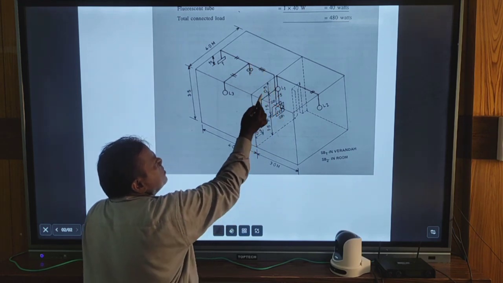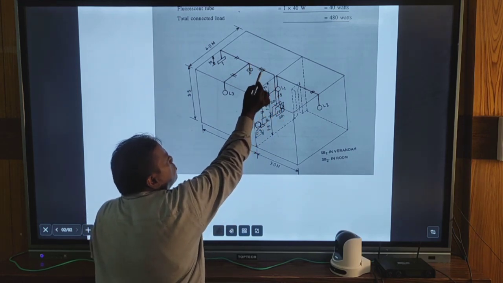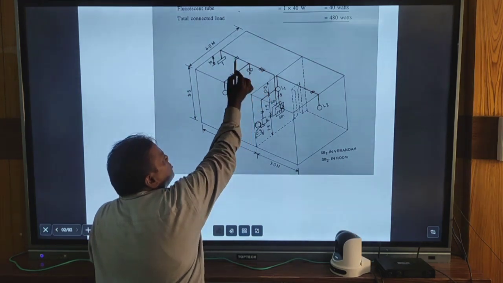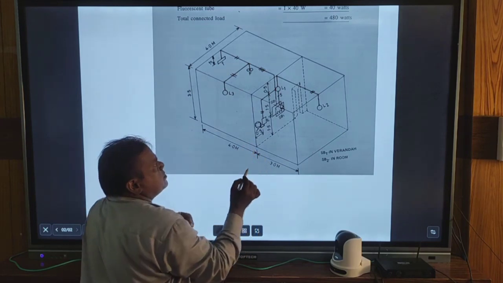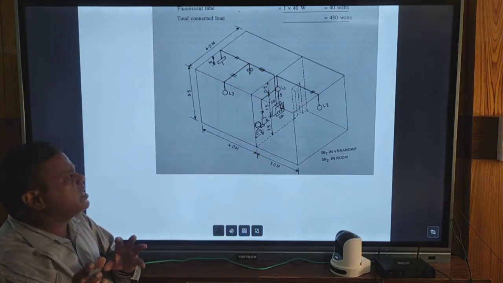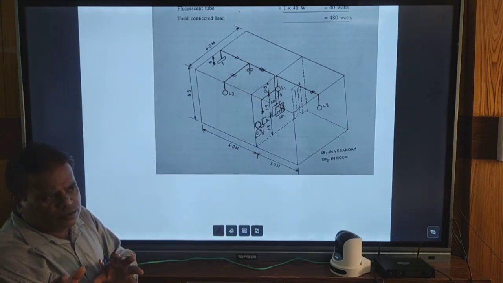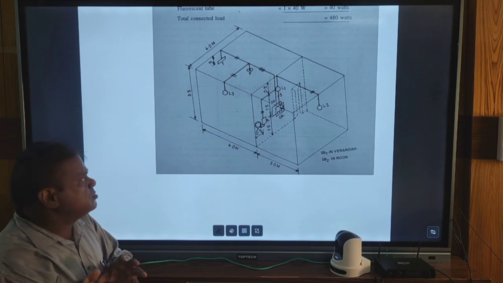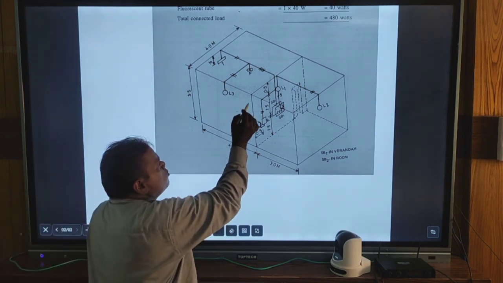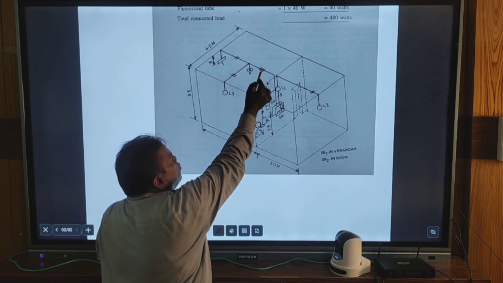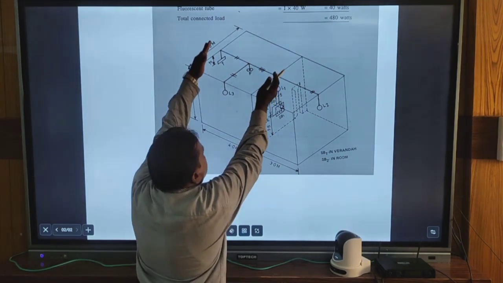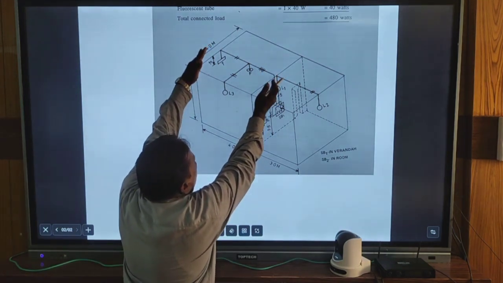So by this way, here are the four wires, the two wires. The wire specification is as per the connected load in amperes. So up to that size of wires, it is 4 number wires up to this length, that is 4 meter.